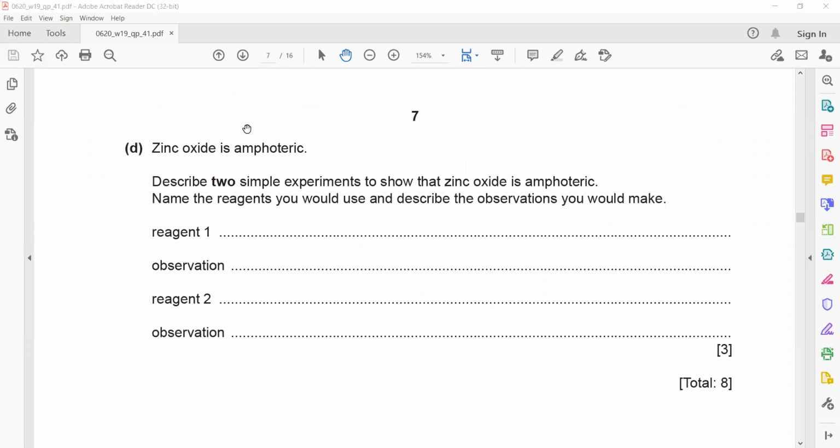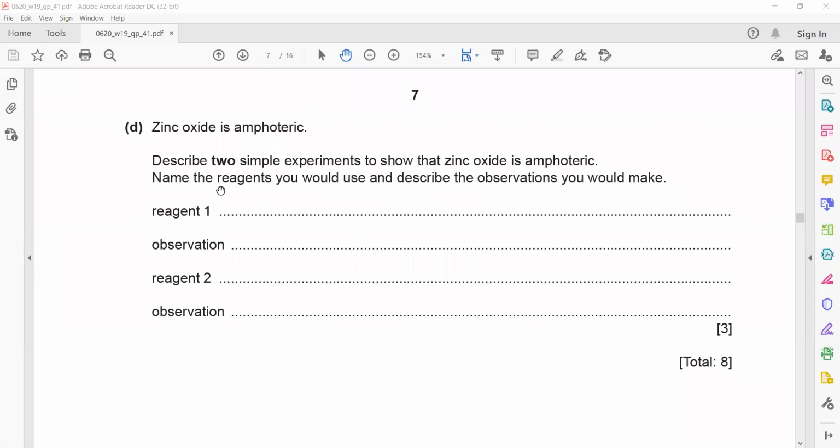So the first reagent can be an acid, the other reagent will be an alkali. So we will add, for example, hydrochloric acid. And what will we observe? We will observe it will react and dissolve.